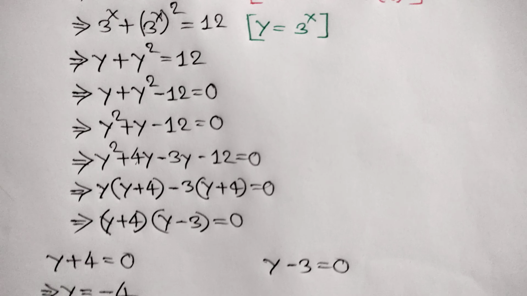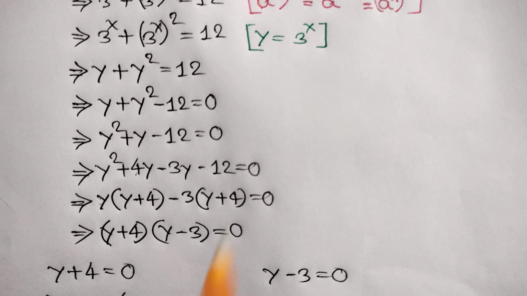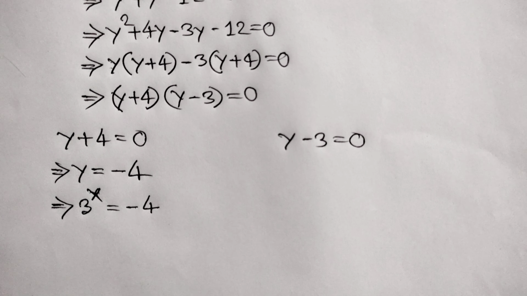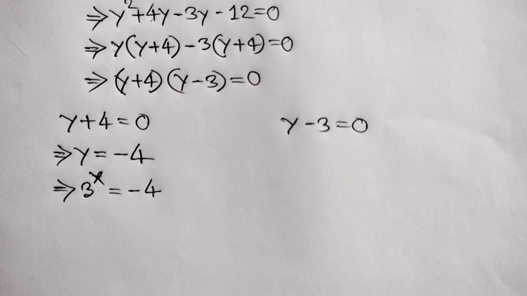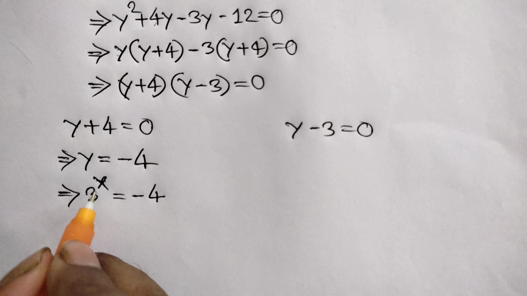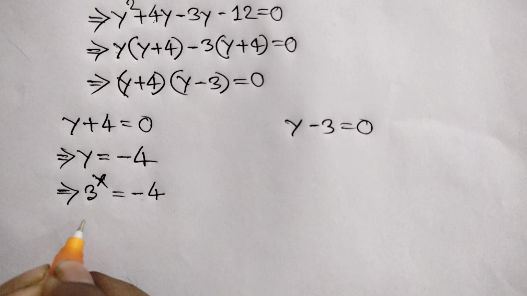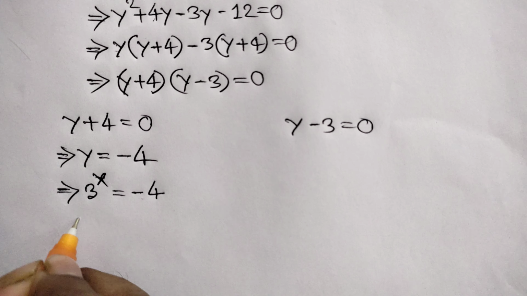But remember, let y is equal to 3 to the power x, so 3 to the power x is equal to negative 4. Easily we can say it is not possible, because 3 to the power x is always positive, but this is a negative number, so positive not equal to negative, so this is rejected.